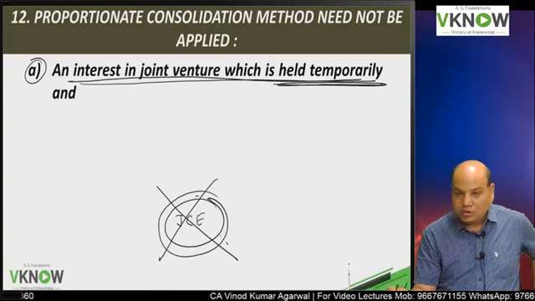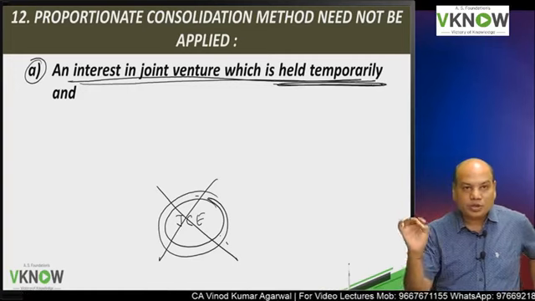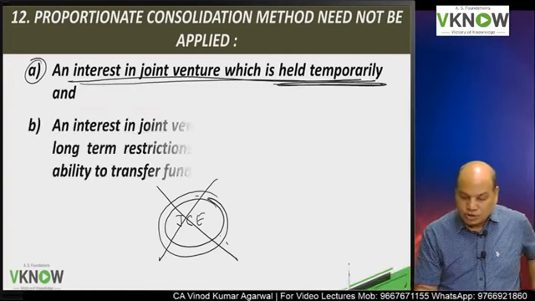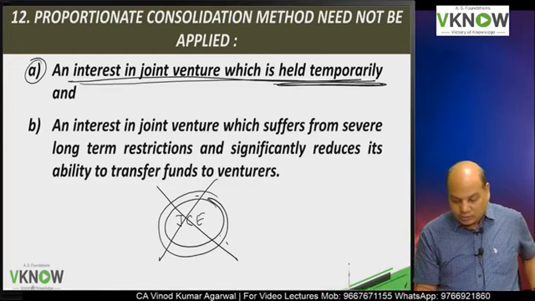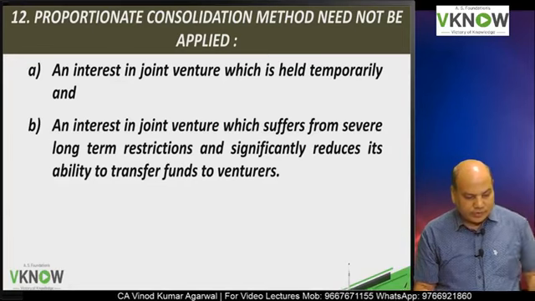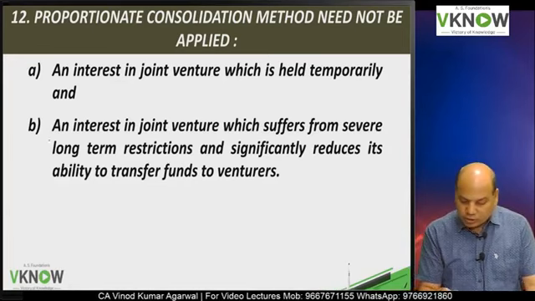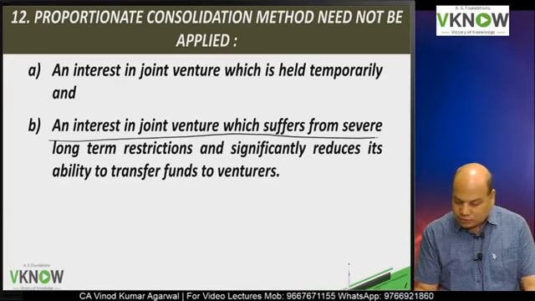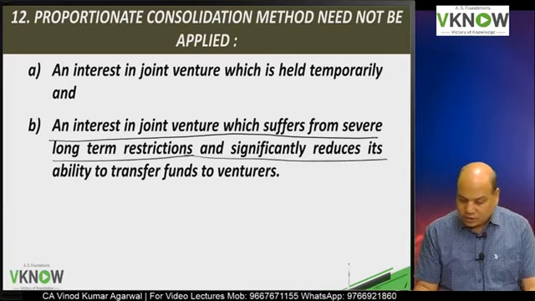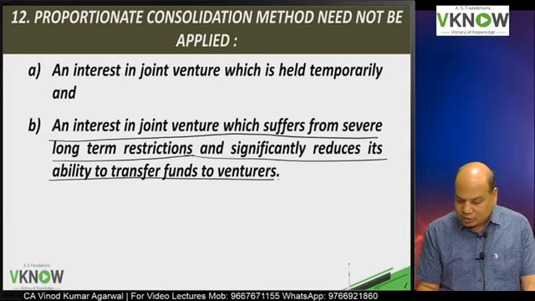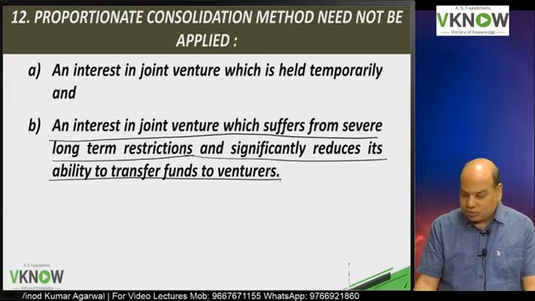Underline, temporarily means the objective is to dispose of it in the near future. And second is an interest in a joint venture which suffers from severe long-term restriction that significantly reduces its ability to transfer funds to the venturer.